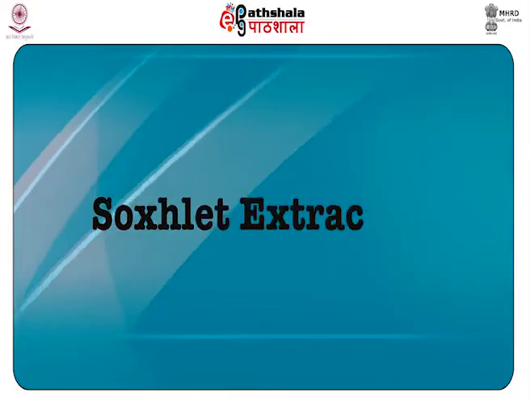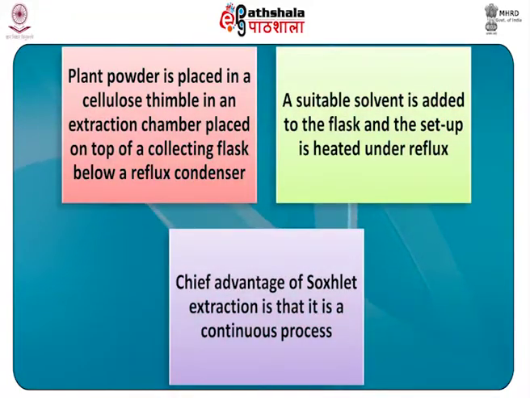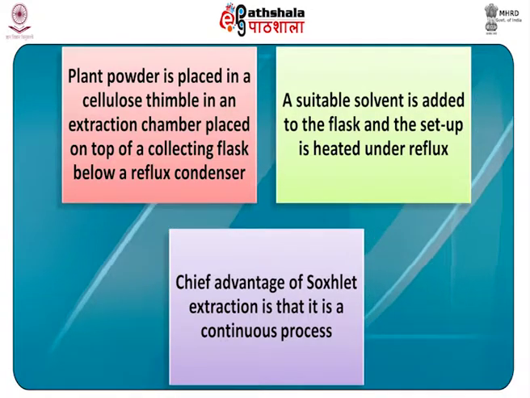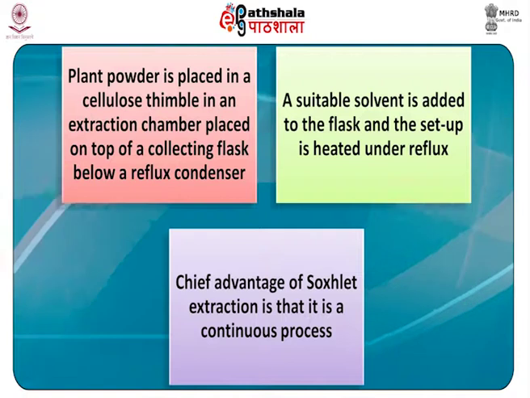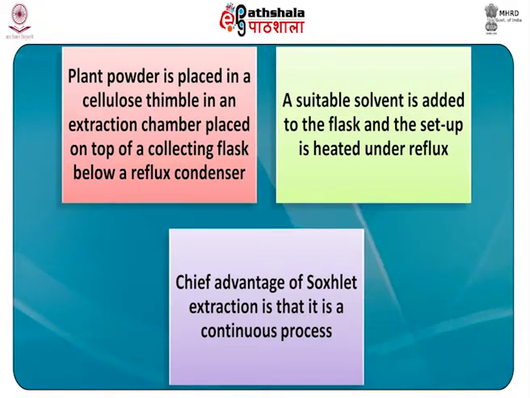Next is Soxhlet extraction. This method is appropriate for both preliminary and bulk extraction. The plant powder is placed in a cellulose thimble in an extraction chamber, which is placed on top of a collecting flask below a reflux condenser.